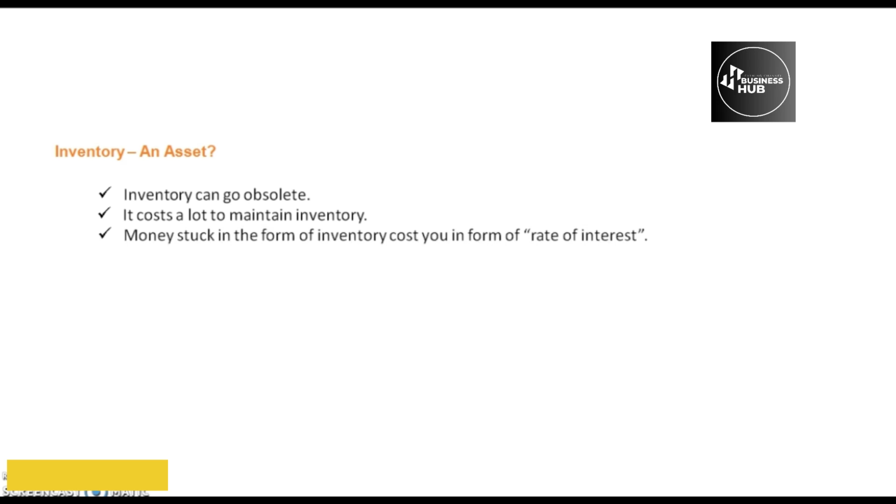Also, whatever inventory you have lying in your company, in your godown, is nothing but money that is remaining in the form of inventory. And that money costs you a rate of interest. If you wouldn't have had that inventory and had sold it immediately after manufacturing, that money wouldn't have remained stuck in your godown.